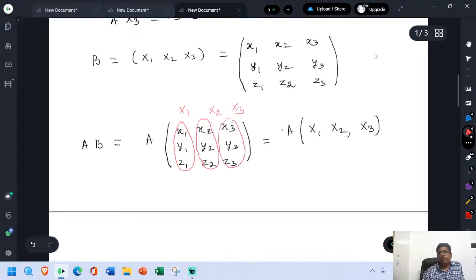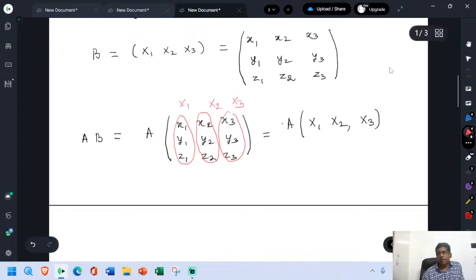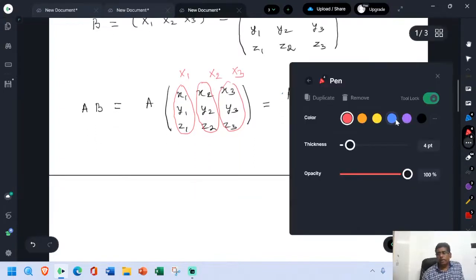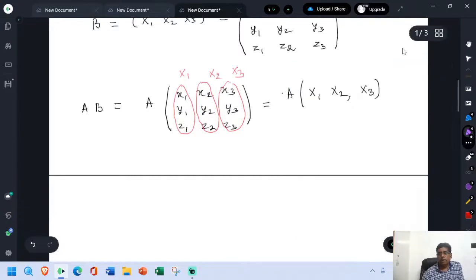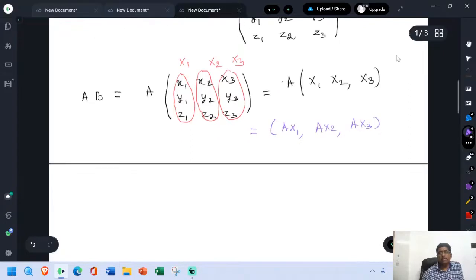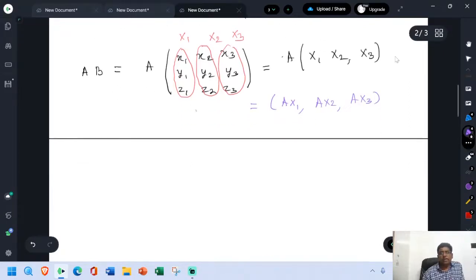So A into x1, x2, x3 is equal to ax1 comma ax2 comma ax3. Here the left hand side is AB.